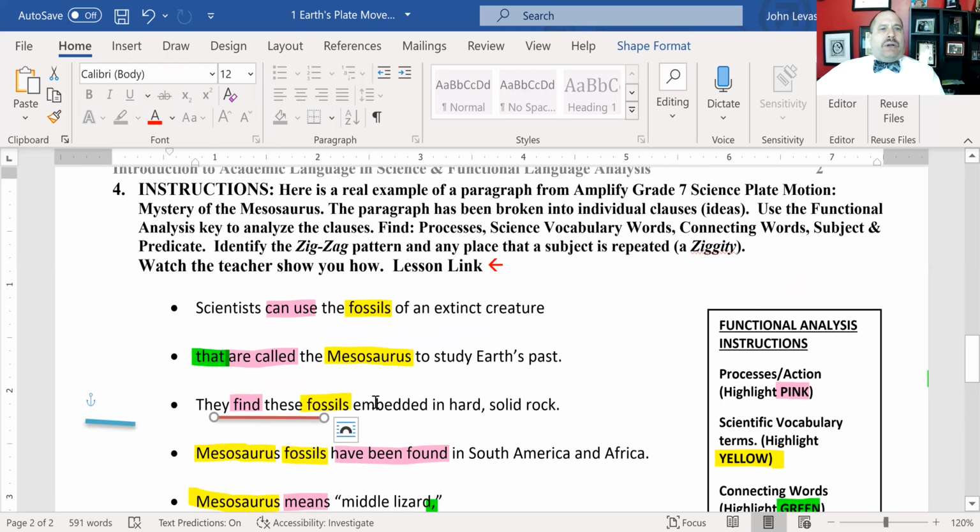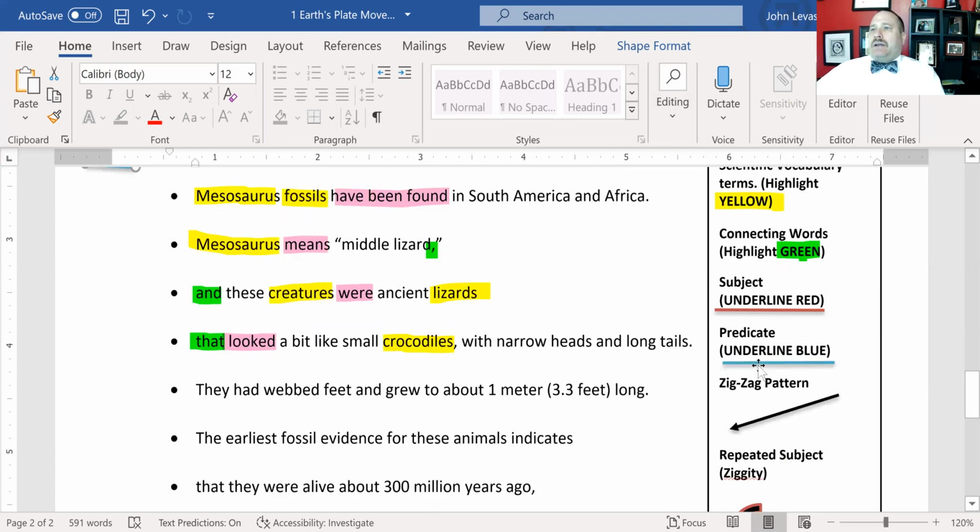So let's go all the way to the top. In our first sentence, once again, our subject comes before the verb. Scientists. That's what this sentence is talking about. I could use that one that I just made, or I could come down here and copy this one, copy, paste, and now I have a blue line.